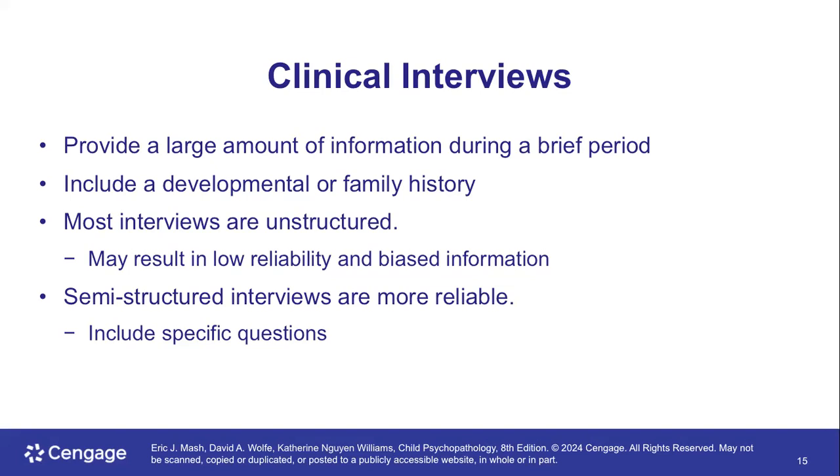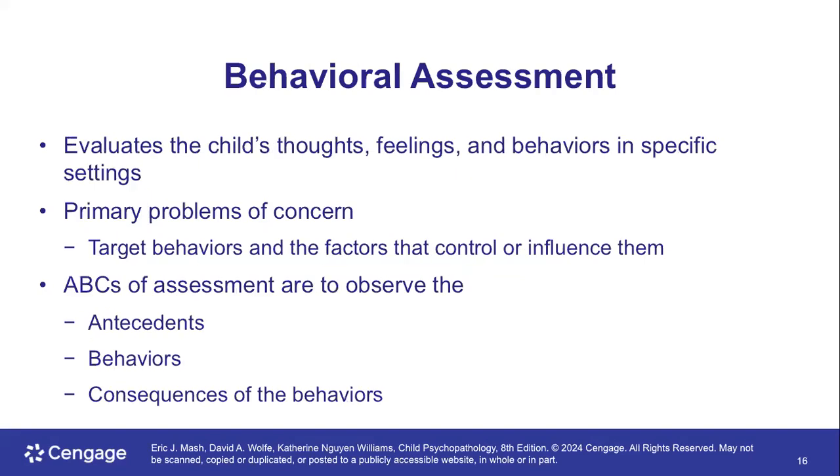We don't expect the child to know any kind of developmental milestones at a very young age. A child may not know. So you're going to take this information from oftentimes the client themselves and their parent and or guardian.